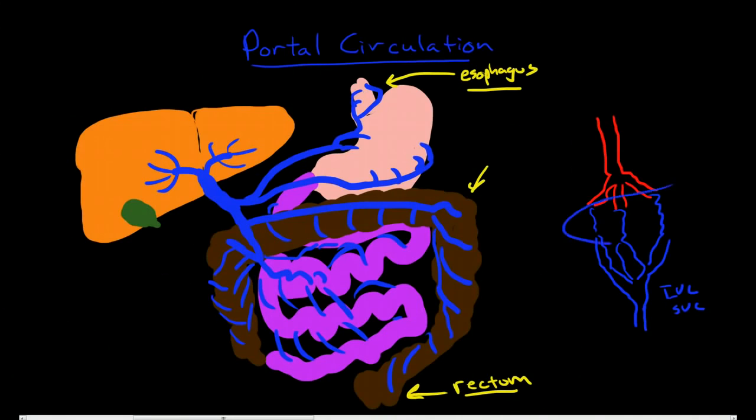Okay, so we have artery, capillary bed, and then vein. So that's the usual state of affairs.